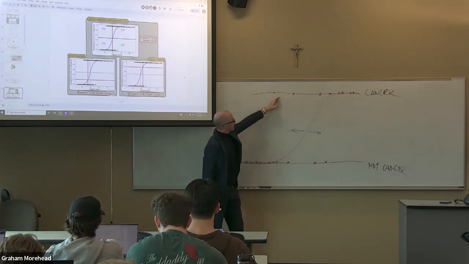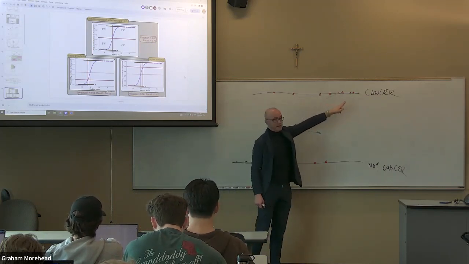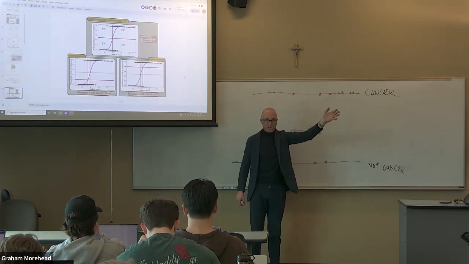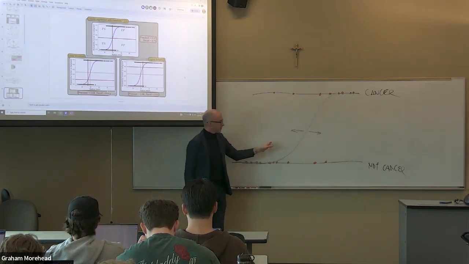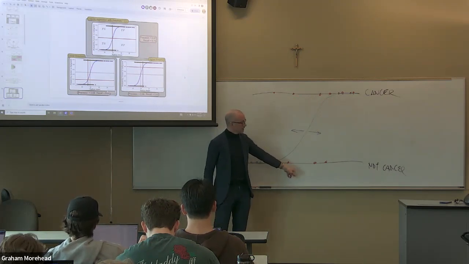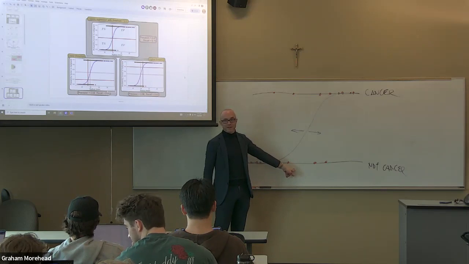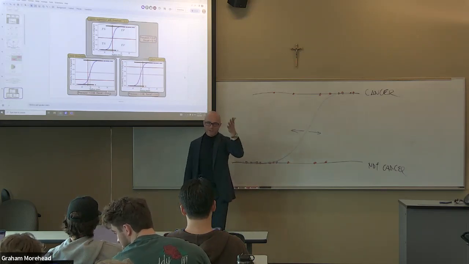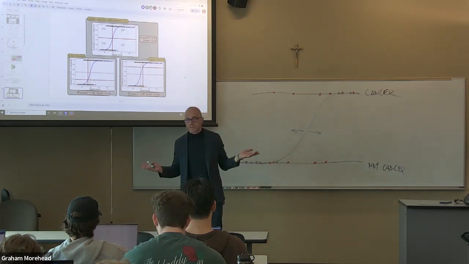If you shift it all the way over here, then all of these will be determined to be cancer. They will be positive. Now, the problem is you are also going to have a lower precision because a lot of these will no longer be not cancer. You're going to have a lot of the not cancers lumped into the cancer.